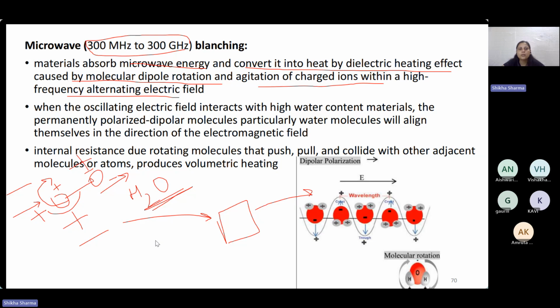Because this oscillating electric field and water content are very high, the water molecules align in the direction of the electromagnetic field, and because of that there is friction. Because of that, the heating of the product, or the blanching of the product, is done.